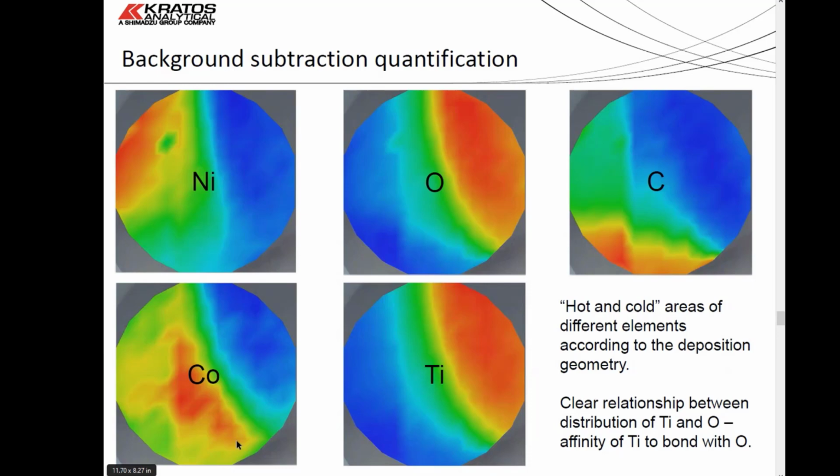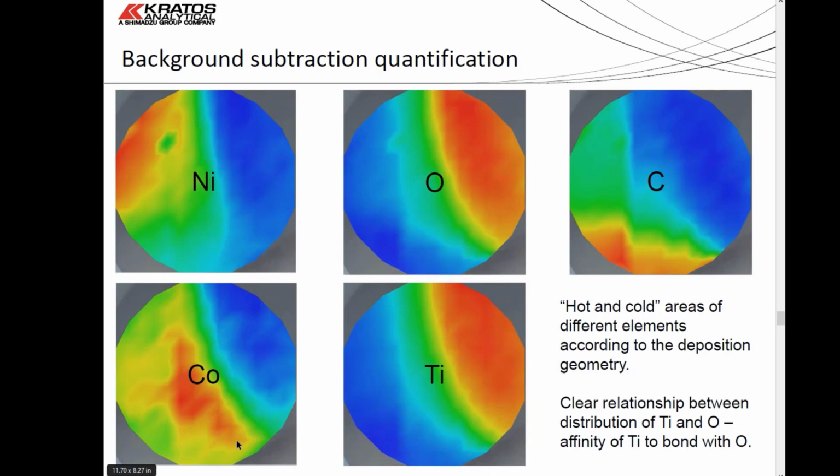And straight away you can start to see things. As you would have guessed, given the geometry of your deposition chamber, there'll be more cobalt and more nickel near where the source is. That's obvious. But there's straight away a correlation between titanium and oxygen. It's really reactive, so it obviously picks up some of the oxygen when it's being deposited. And also this carbon effect.